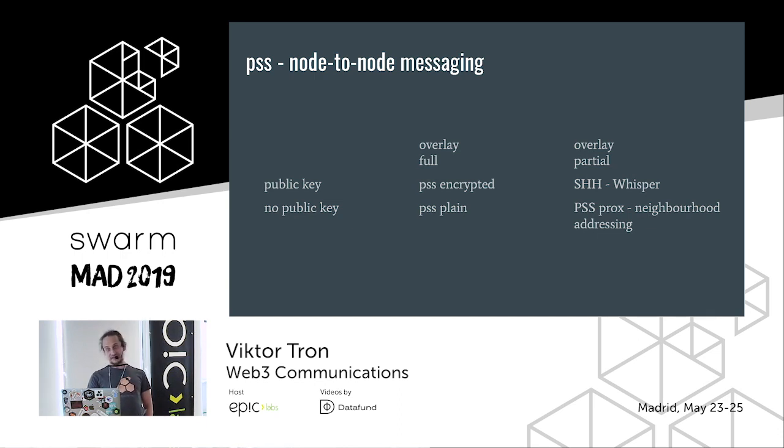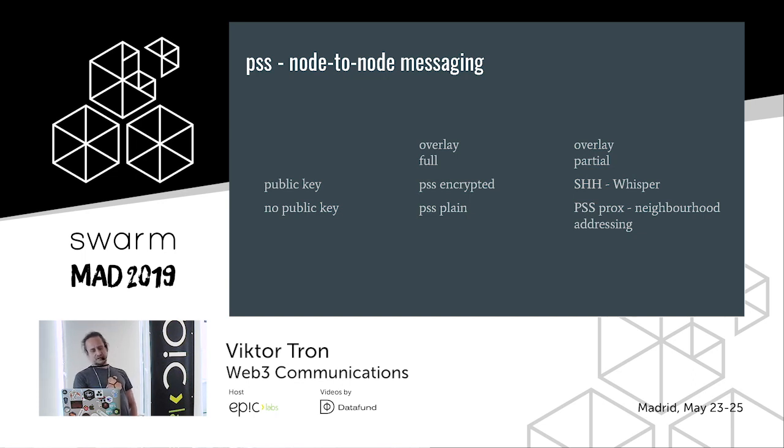So we already have a component. We just stick an API to it and combine it with some clever encryption system, and what we have is basically PSS. So a node-to-node messaging system. You can see a little table here.